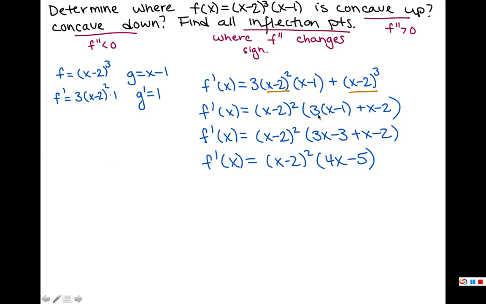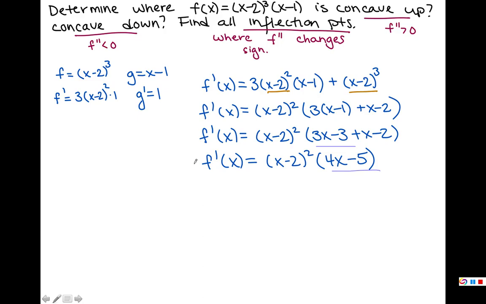So I distributed the 3, that gave me the 3x − 3. And then combine like terms, now I get 4x − 5. All right, so I did some factoring. It's just kind of a good skill to know how to do. And this is going to enable me to just use the product rule to find this derivative.